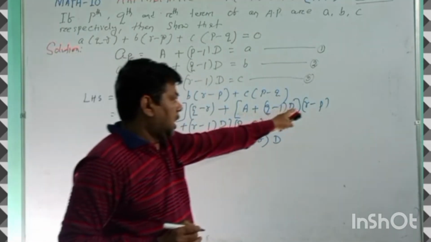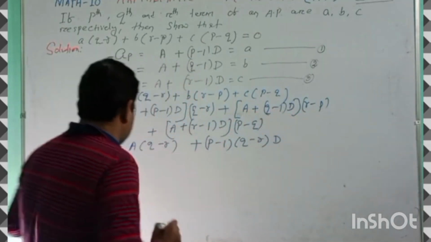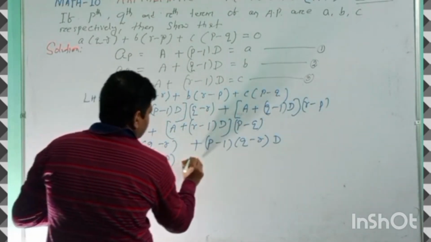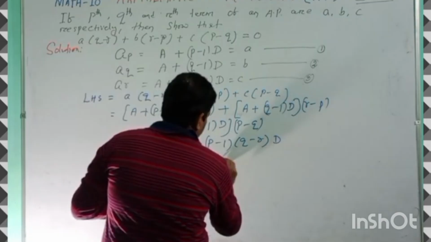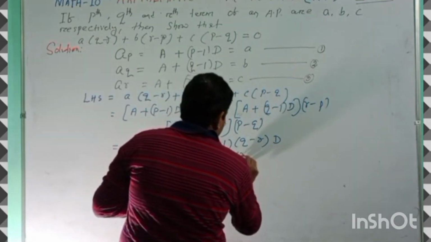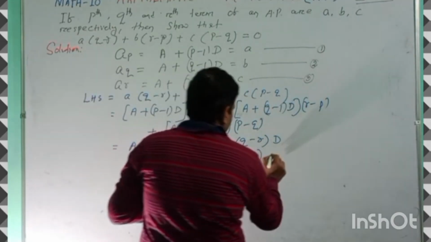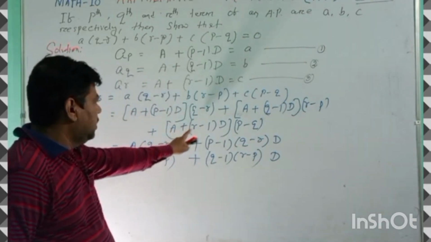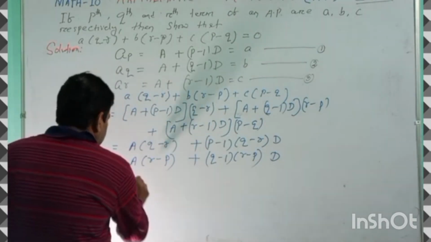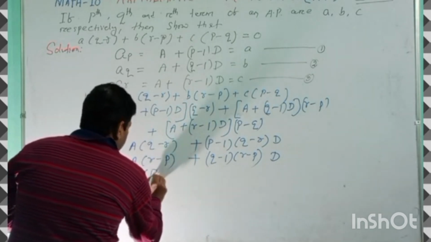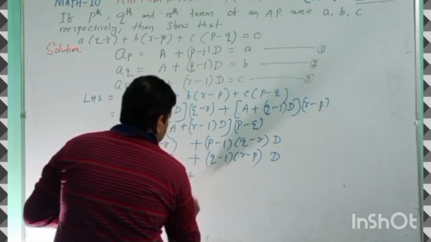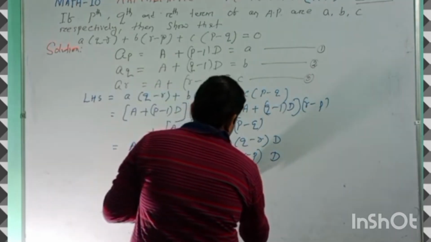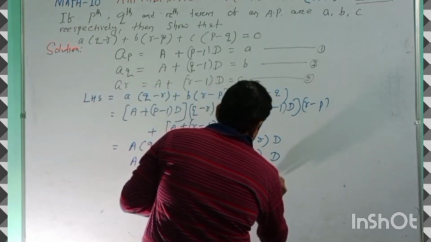In a similar manner, (r minus p) is multiplied with A, which is A into (r minus p), and (q minus 1) into (r minus p) into d. Similarly, (p minus q) is multiplied with A, which is A into (p minus q), plus (r minus 1) into (p minus q) into d.